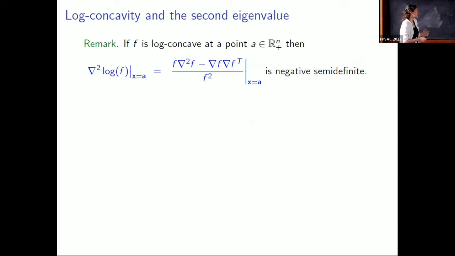If we actually do out the multivariable calculus exercise, we see that the Hessian of log of f is f times the Hessian of f minus the gradient times its transpose, all divided by f squared. So what this is when we evaluate at some point is a constant times a symmetric matrix minus a rank 1 symmetric matrix, and we want this to be negative semi-definite.